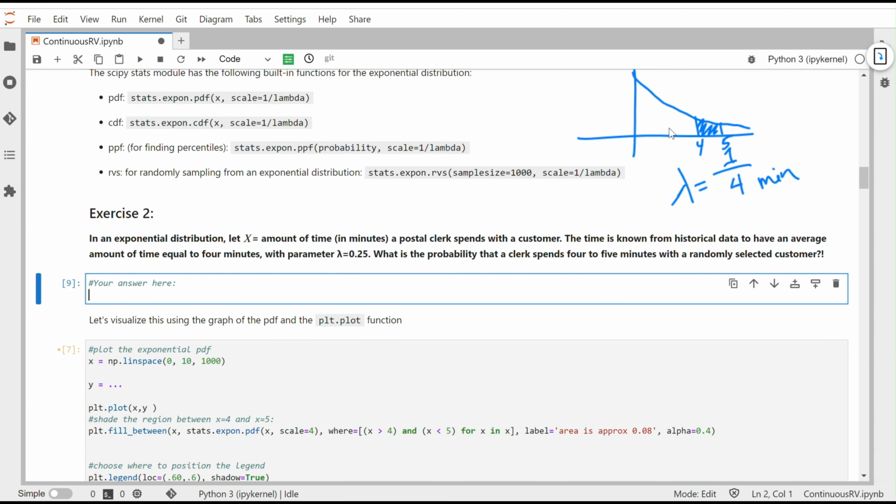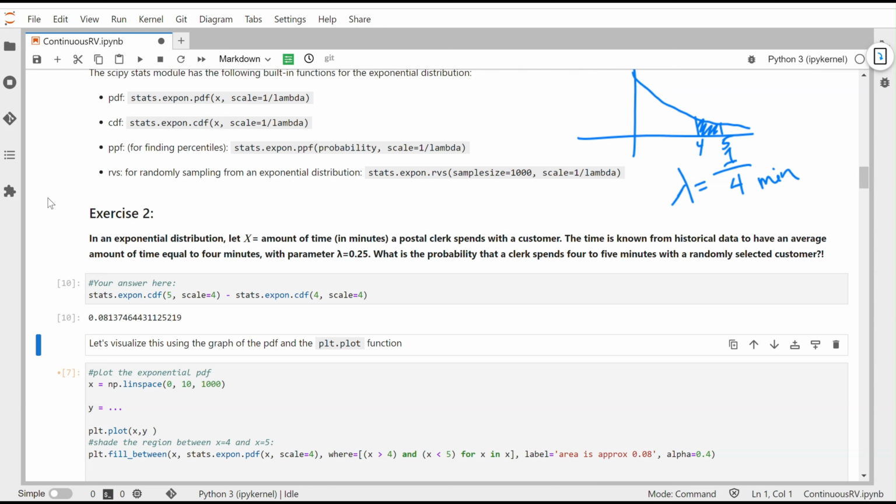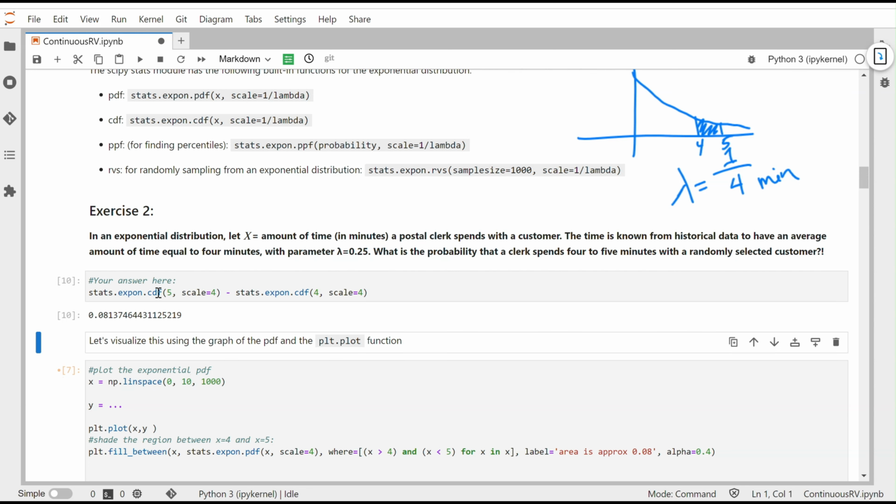I want to get the area underneath the curve to the left of 5, and then subtract off the area underneath the curve to the left of 4. So that's going to be stats.expon.cdf, starting at 5, and then I do need to write scale equals. If you don't put scale in here, it won't correctly have the right lambda. So scale equals 4, and then minus stats.expon.cdf at 4 with scale equals 4. And I do that and I get probability roughly 8%.